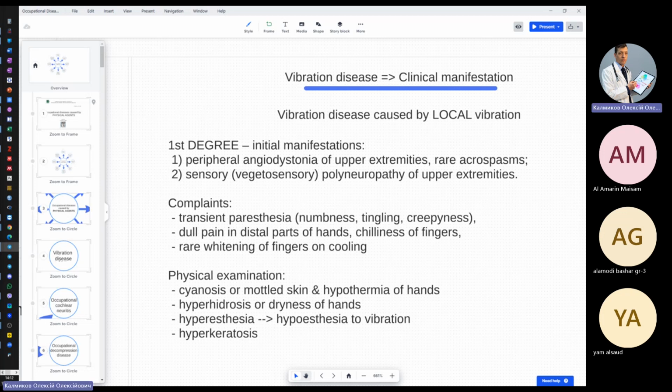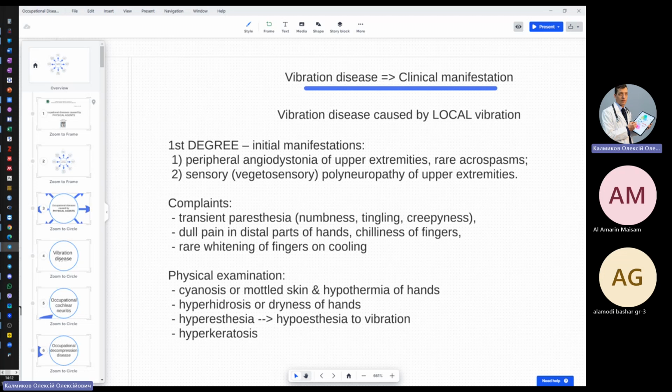Then there could be hyperesthesia, transforming into hypesthesia to vibration. The phase of hyperesthesia takes place at the very beginning, as we have mentioned, even in normal, almost healthy persons.